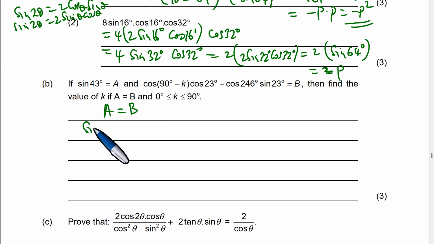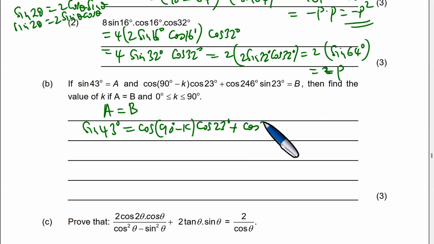Which means the sine of 43 degrees is B, which is the cosine of 90 degrees minus K, times the cosine of 23 degrees, plus the cosine of 246 degrees, times the sine of 23 degrees.